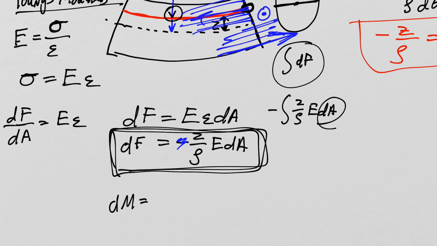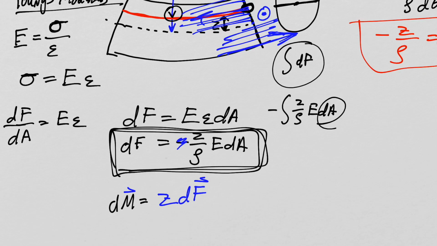And so the differential of the moment is going to be Z dF, understanding that these are vector quantities, dM and dF.